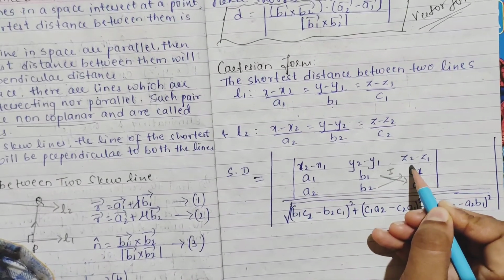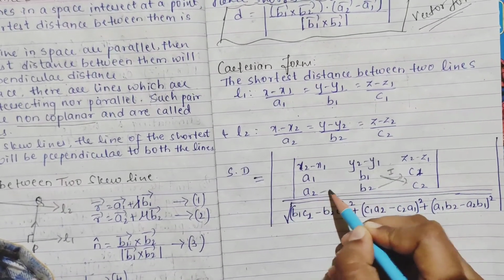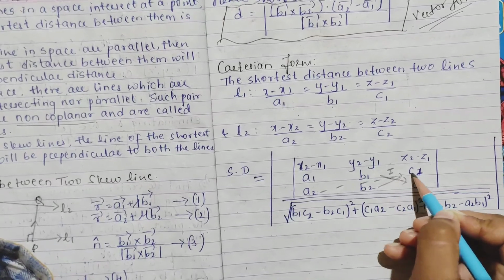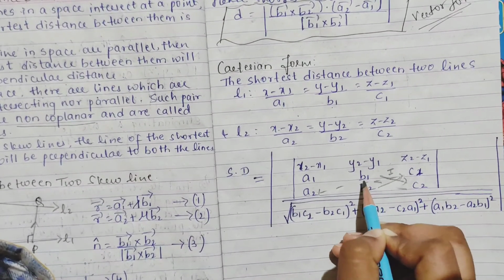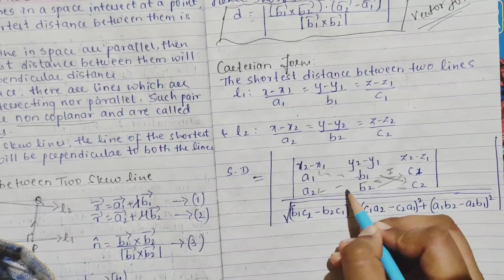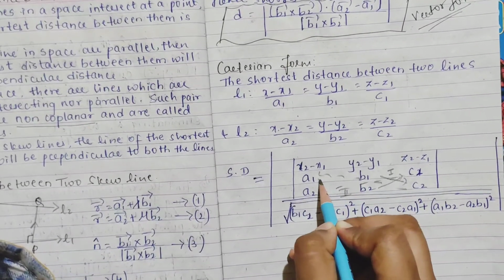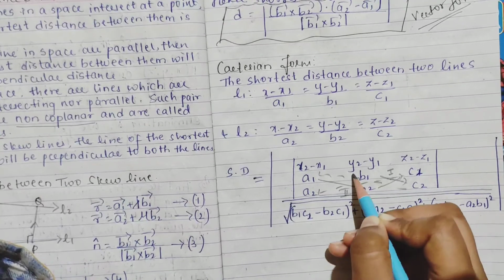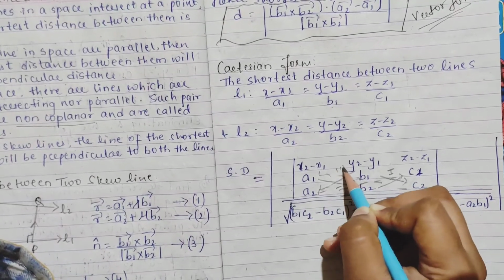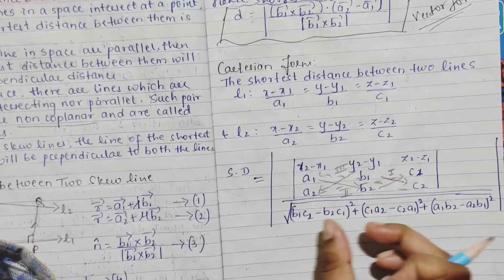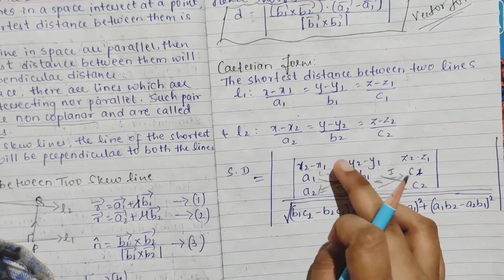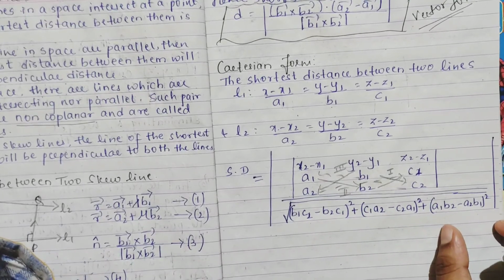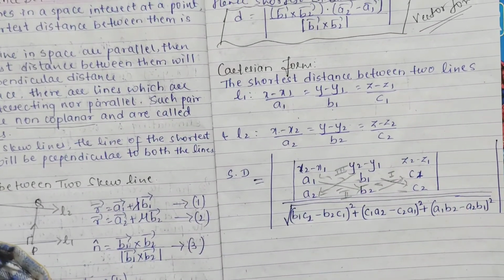Second, the dotted line I am giving, c1 into a2 and then c2 into a1. This is your second. Your third, again solid I am giving, a1 into b2, b1 into a1. This is your third. See, this is 1, dotted line your 2, and again your solid line third. Squaring. Okay. So this was the distance between two skew lines.